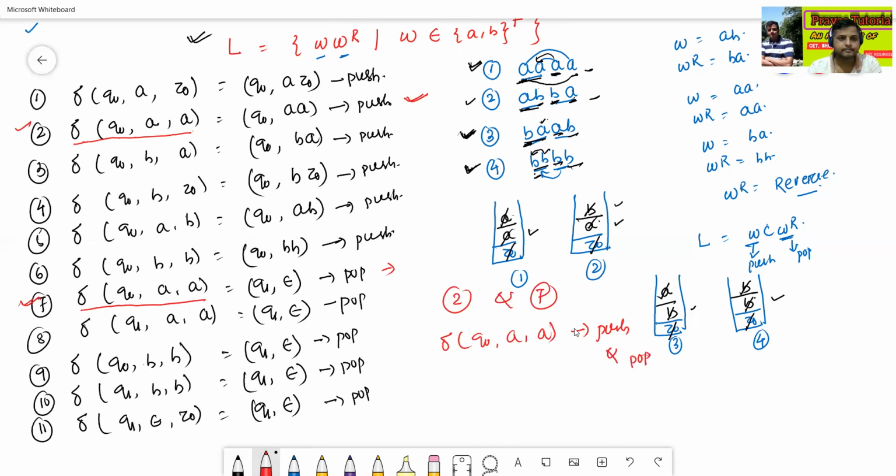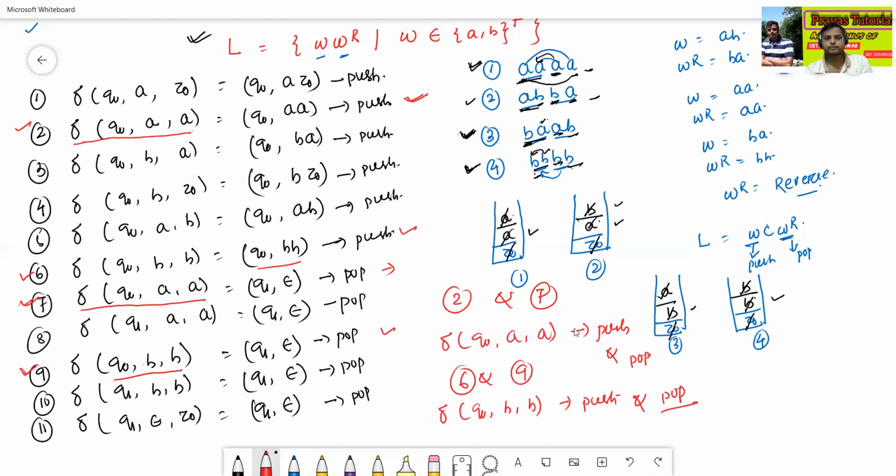Now you can see the sixth one, Q0BB, and the sixth and ninth transitions. Sixth is delta Q0BB, which means push operation, and delta Q0BB is also pop operation.